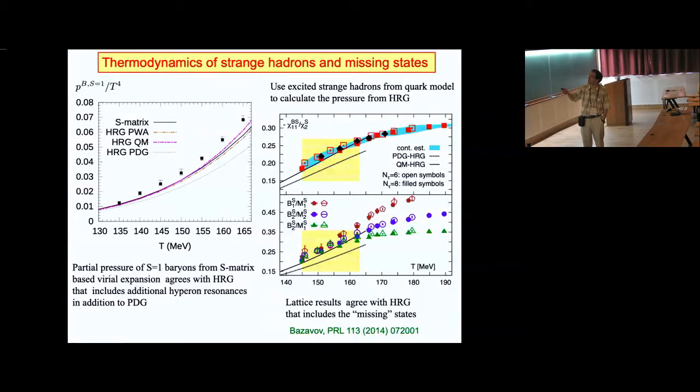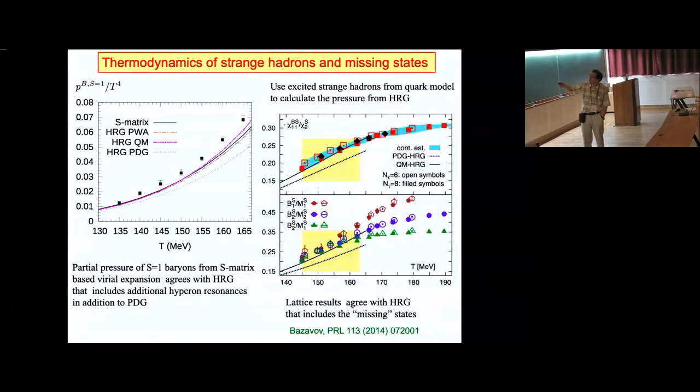I also compare the standard Hadron Resonance Gas prediction, shown by this dotted line, which uses just PDG states and zero widths. And you see that once we do the full analysis using the virial expansion on the S matrix, you get a significantly larger pressure contribution toward 150 MeV or higher.